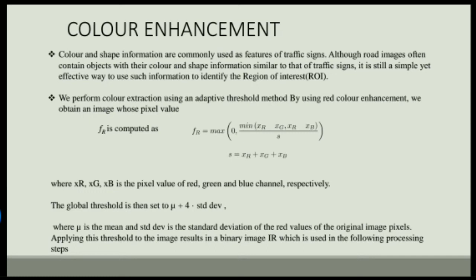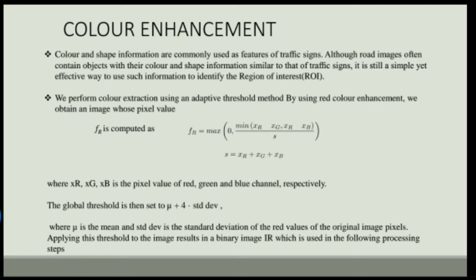S is the summation of all these pixel values. Then we move on to global thresholding, where we convert this red color enhanced element into a binary element represented by IR. Using this binary image, we can carry out image processing techniques in a controller.